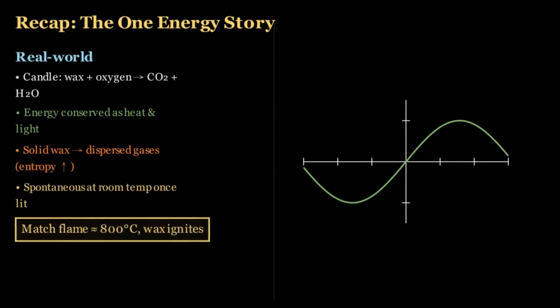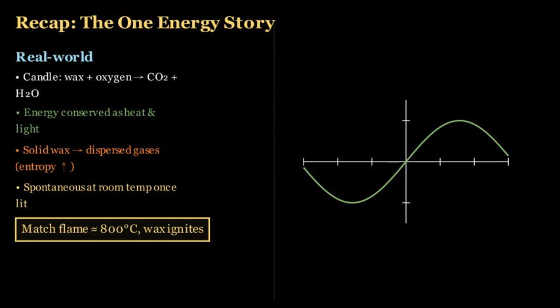This reaction is spontaneous at room temperature, the Gibbs free energy change is negative. But you still need a match. The flame provides the activation energy, pushing the wax molecules over their initial energy barrier. Once over the hump, the reaction cascades downhill, releasing far more energy than the match put in.